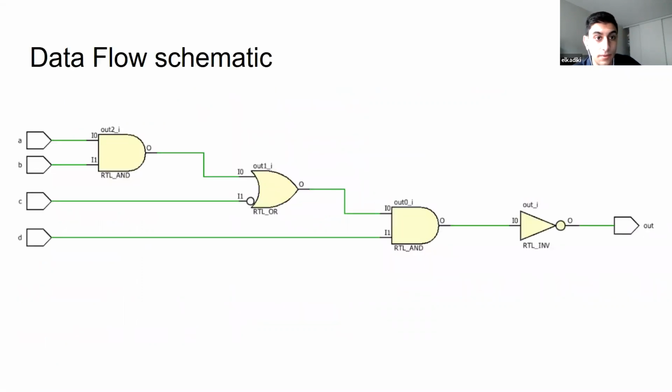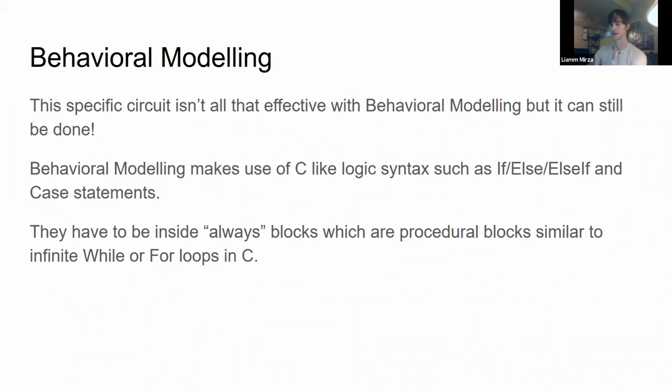And if everything went all right for your schematic synthesis, it should look exactly like the gate level and the initial schematic we showed you. And last but not least is behavioral modeling.